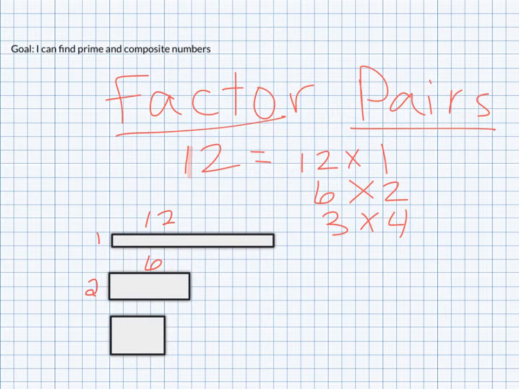And finally, this array down here shows a 3 by 4 array. And so that would show us the factor pair of 3 and 4. All of these numbers here are factors of 12. They're whole numbers that multiply together to give us 12.